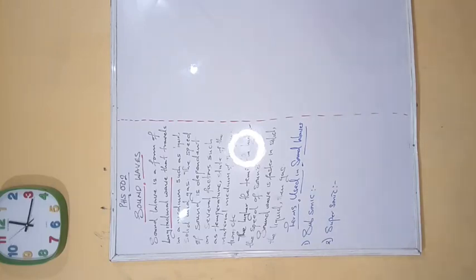Subsonic: particles moving with a speed less than the speed of sound, while supersonic is with a speed greater than the speed of sound. Questions here?